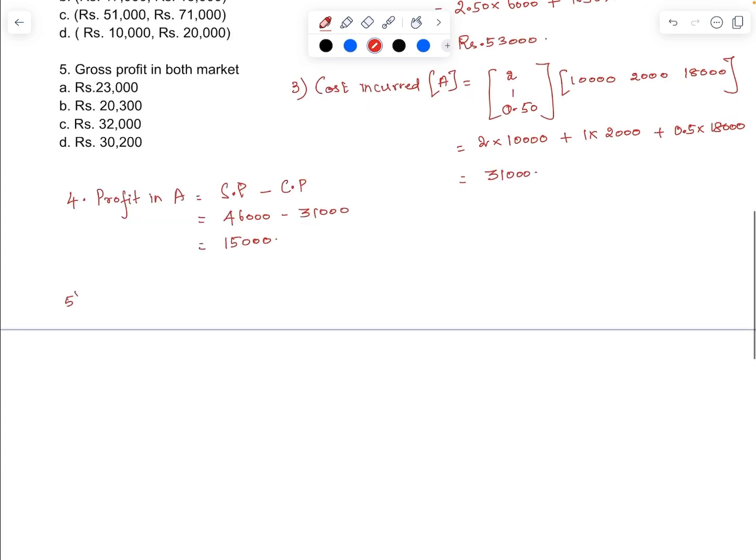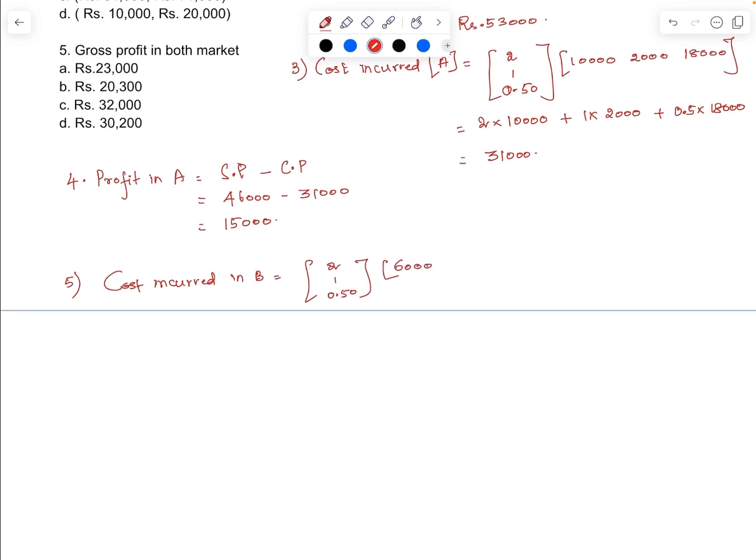Question number 5. Gross profit in both market. Now we know the profit for market A. We have to get the profit for market B. To get that, we have to calculate the cost incurred for market B also. Cost incurred in B is equal to cost price matrix into 6,000, 20,000 and 8,000.